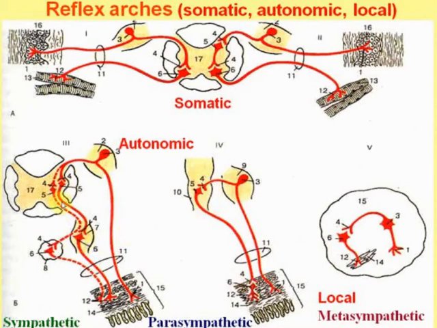The first is located in the lateral horns of the spinal cord or in the brain stem, and the second is located in nerve ganglia outside or inside the organs. In addition, inside organs there are local reflex arches belonging to the metasympathetic nervous system.